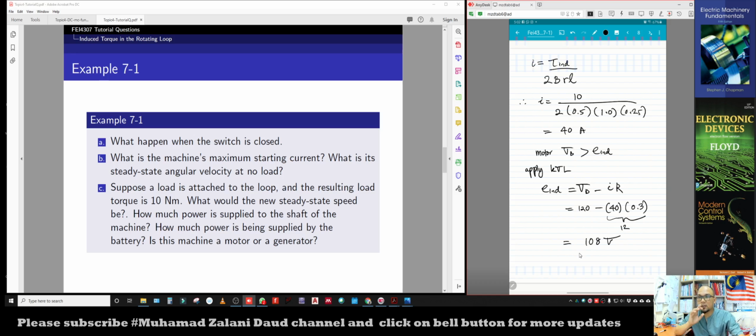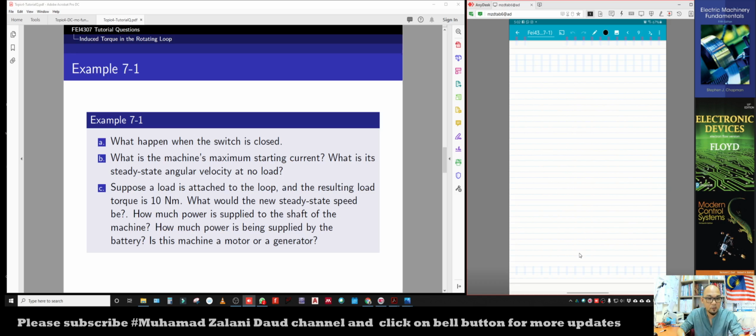The question wants us to find the new steady state speed. Once we get the induced voltage, it's easy for us to find the steady state speed using omega. Now from there we have the induced voltage and the current. Finally we find the speed of the shaft.